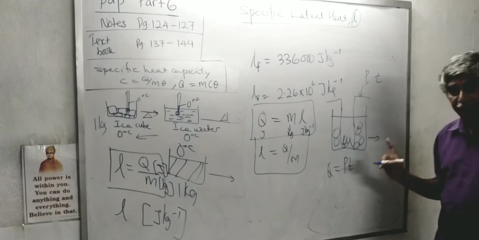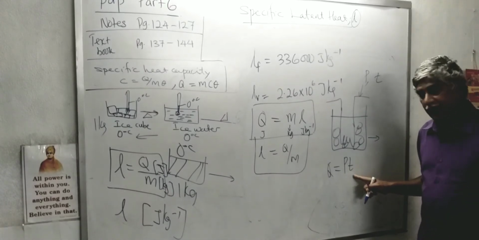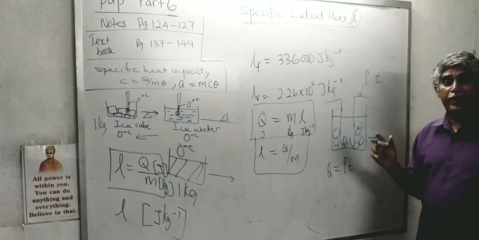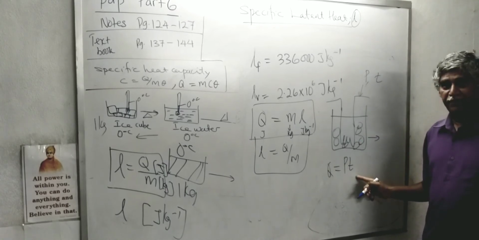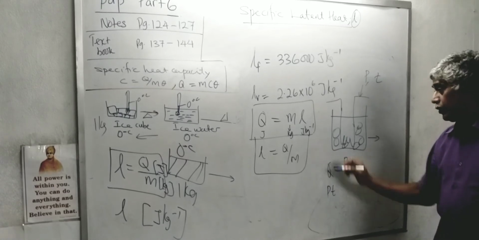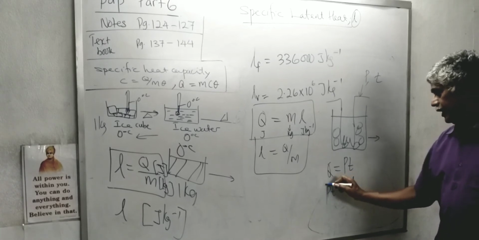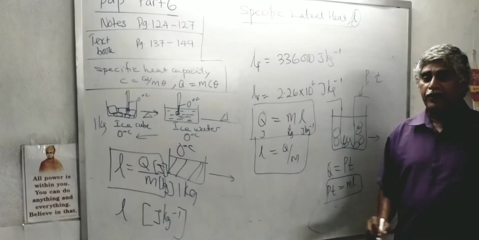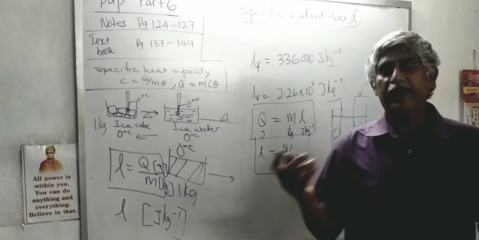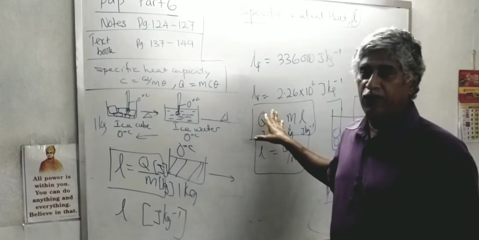So the heat energy given out by the heater is Pt. Therefore we can write Q equal to ml, so Pt is equal to ml. This is another form of the formula when you are using an electrical heater. But generally if you just use heat Q, then you just substitute the value in joules.